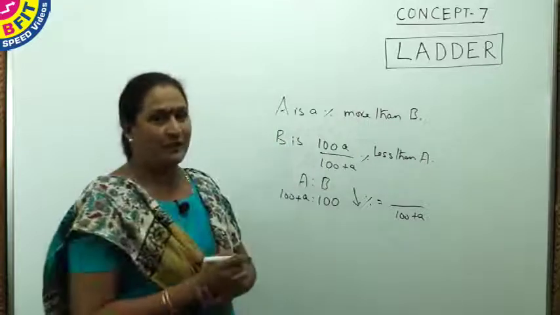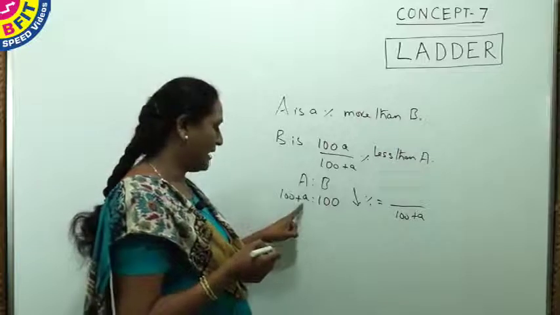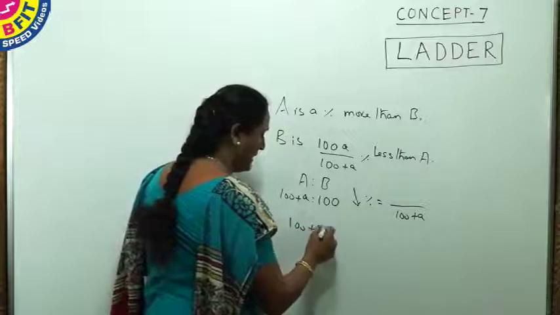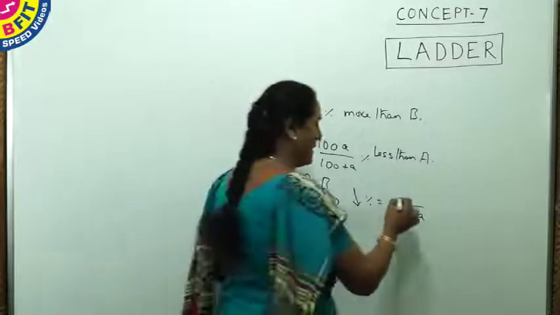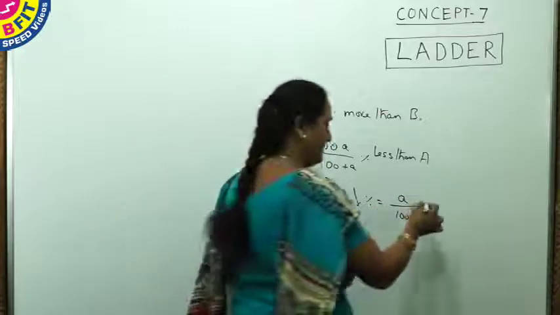And what will be the numerator? It will be the difference. So what is the difference between 100 plus A and 100? It is 100 plus A minus 100. So the difference is A. So write A in the numerator, and for percentage it is into 100.